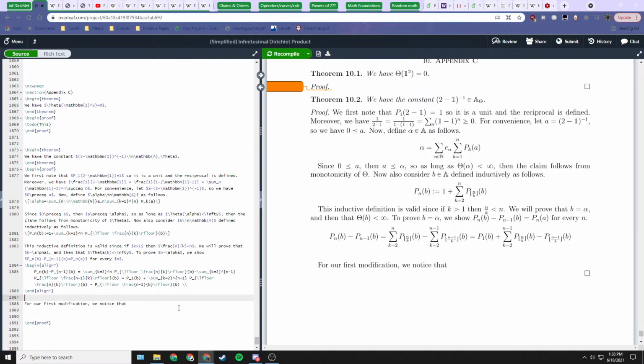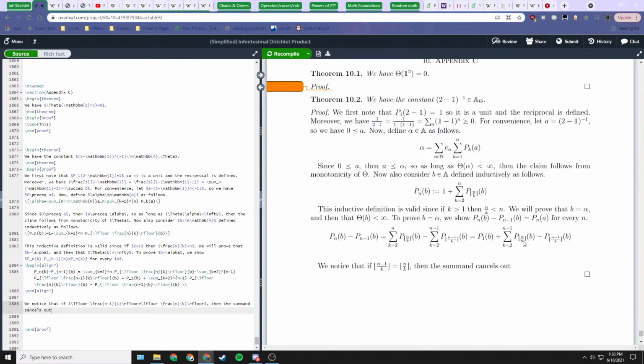So we notice that if this is equal to this, if we have these two floors being equal, then the summand cancels out.